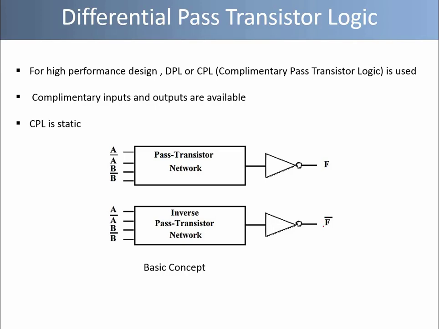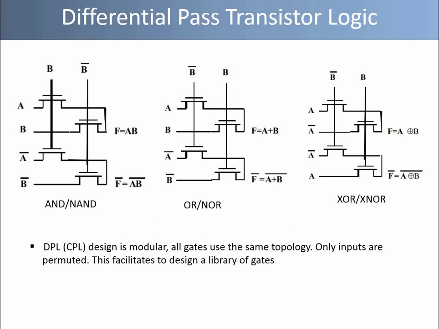So here we have examples of complementary pass transistor logic. We have discussed the AND gate already. So in case of CPL, we have a AND NAND combination, and it produces F equal to AB and F complement AB whole complement. So here you can easily verify all the truth tables of AND and NAND gates with the help of these input connections.